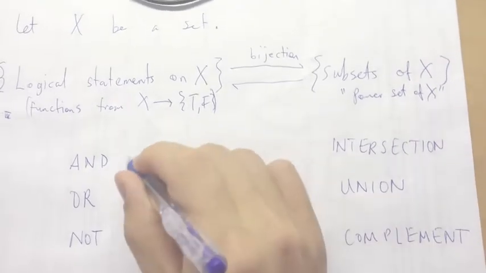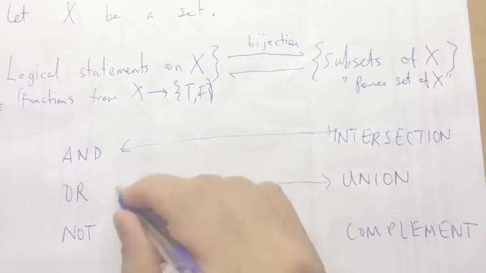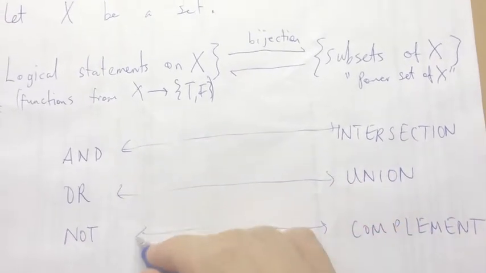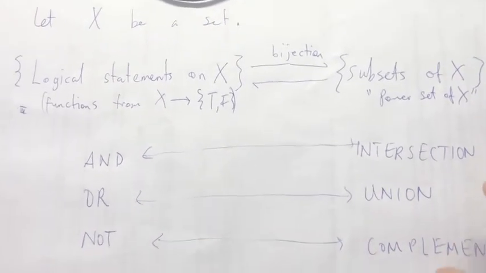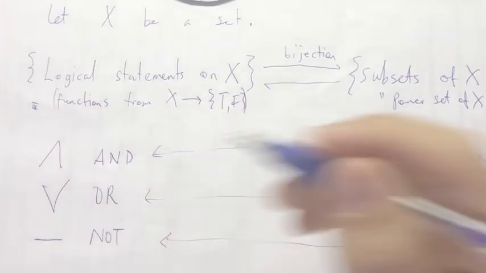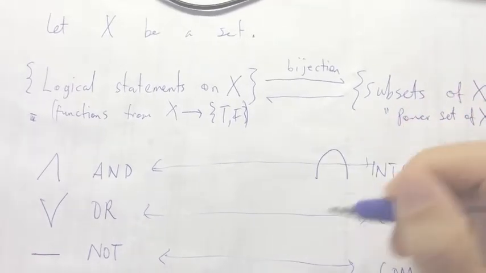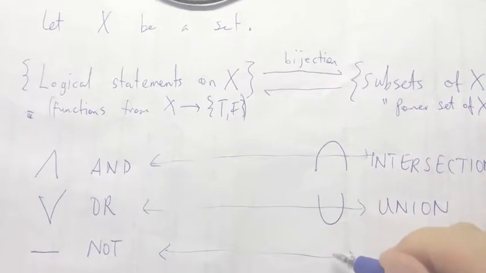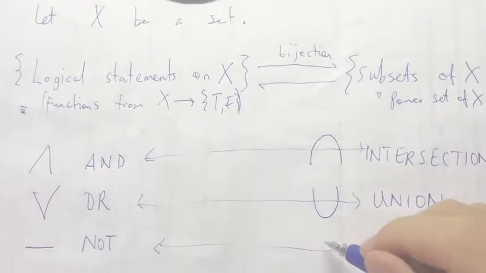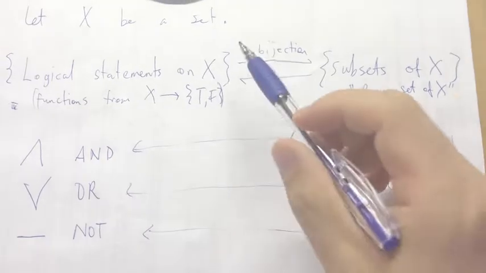And this bijection corresponds these operations as well. So and, or, not corresponds to intersection, union, and complement. So they correspond on this bijection.